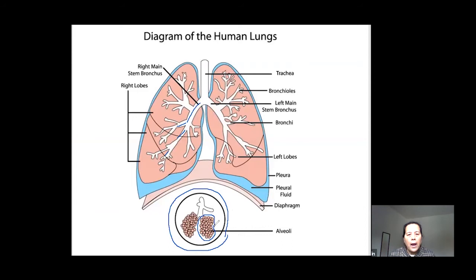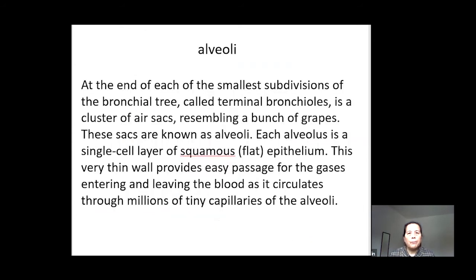Basically, it's the air sacs. We call it alveoli. So that's truly the part where air exchange happens. Alveoli, that's the ending part.